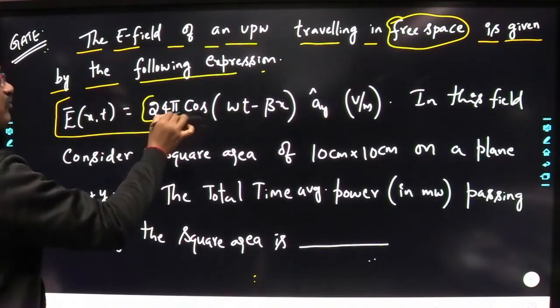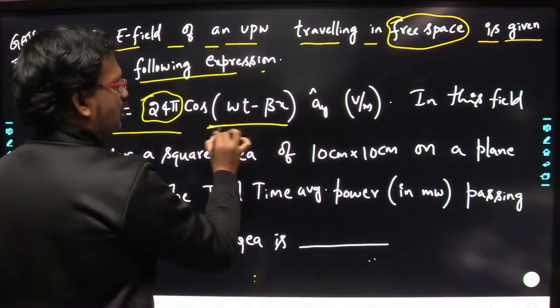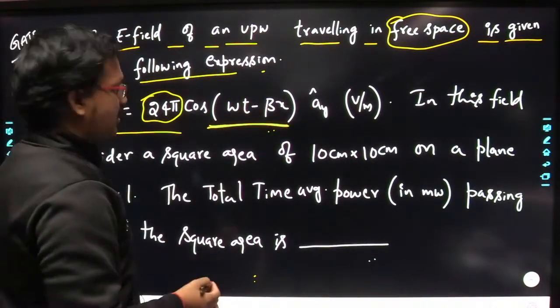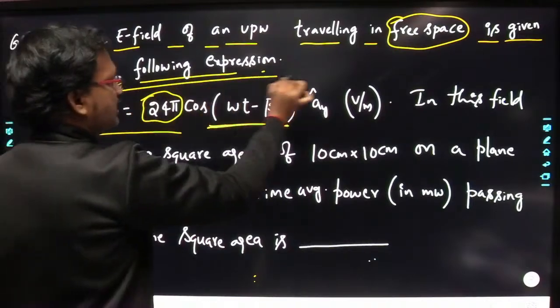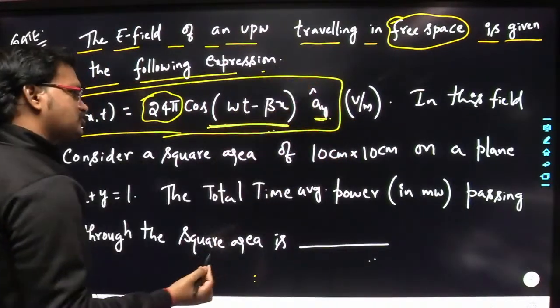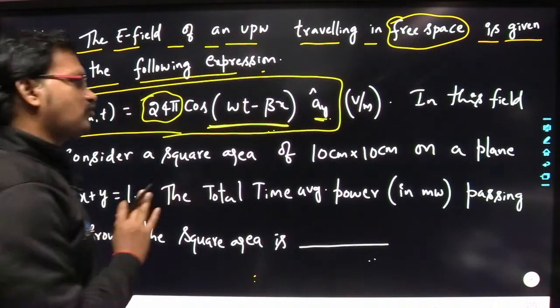This is the amplitude of the wave, and by seeing this you have to identify in which direction the wave is propagating. Positive x direction, and the electric field is pointing in which direction? The electric field is pointing in y direction, and the wave is propagating in positive x direction. So this is what we can conclude.